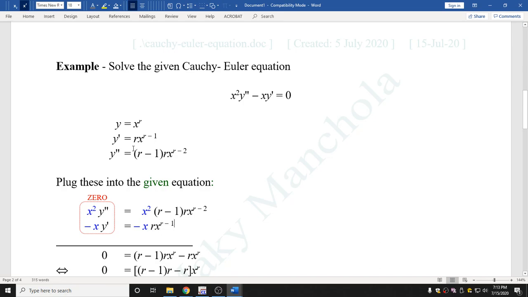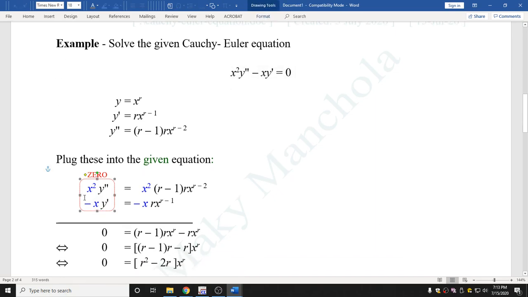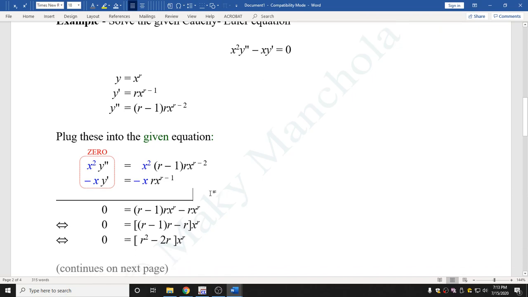Now we are requiring that y be a solution of our equation. So the combination x^2 y'' minus x y' has to be 0. So combining this left column produces 0. On the right, when we multiply x^2 times x^(r-2), we end up with x^r.